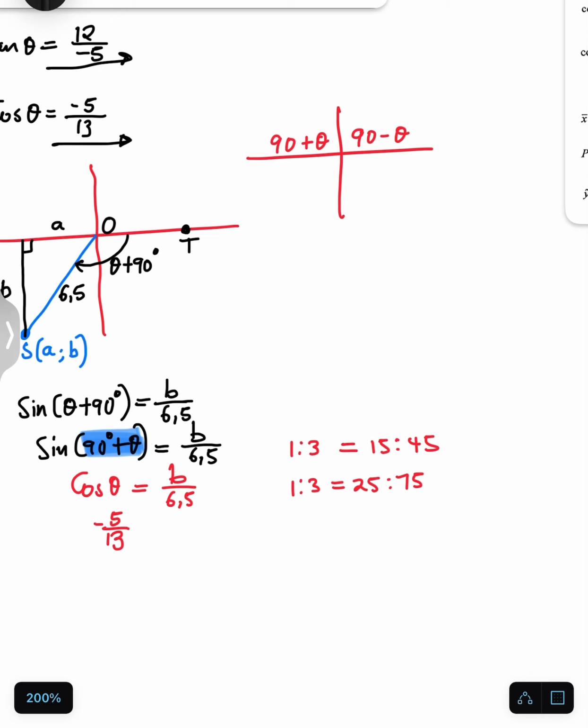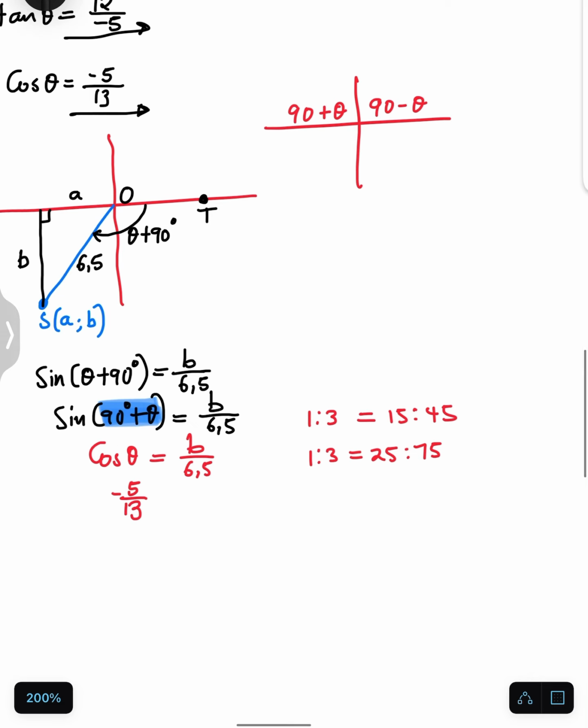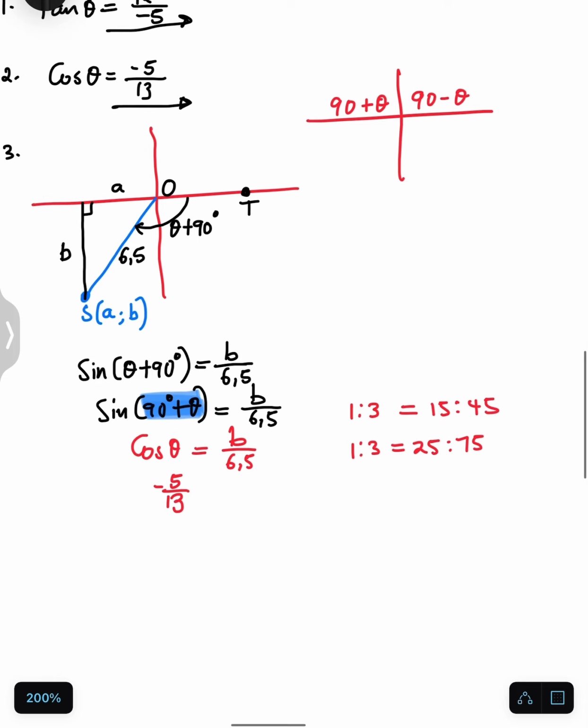These ratios are the same. Ratios and fractions, we treat them the same. Because cos theta from the previous answer is -5/13, it will be the same if the angles are the same. Both of these questions are with theta, so the ratio will be the same. So this will be equal to B over 6.5.